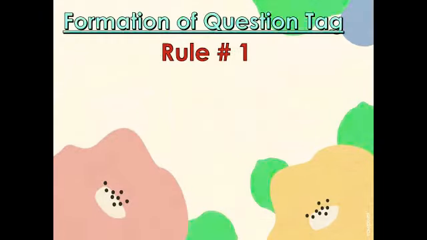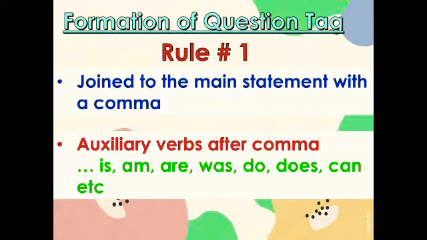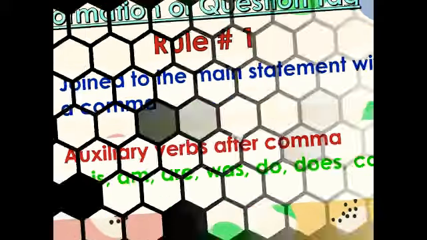Now come to the formation of question tags. Rule number 1. A question tag is joined to the main statement with a comma. After the comma, we use auxiliary verbs like is, am, are, was, do, does, can, etc. And we use it according to the tense.